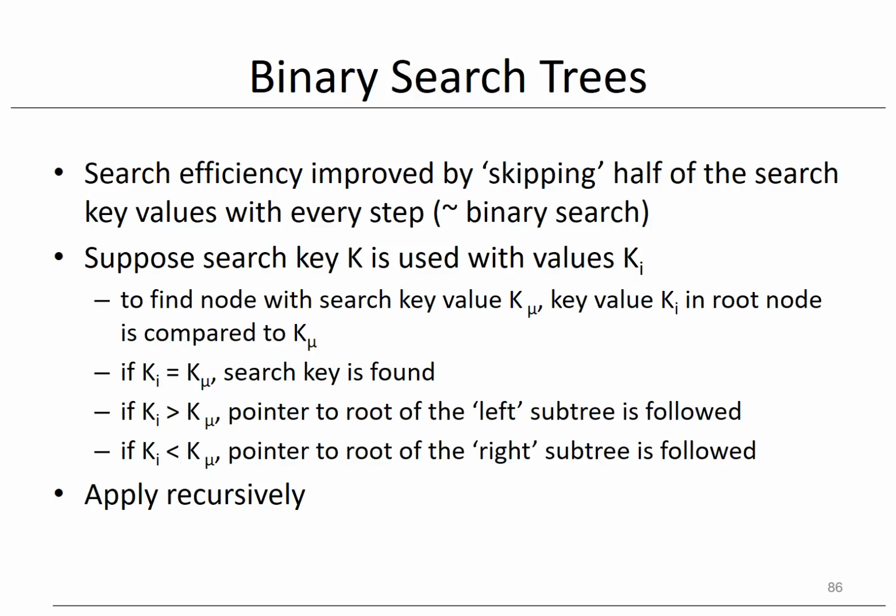Otherwise, if ki is strictly less than kmu, the pointer to the root of the right subtree is followed. This subtree contains only key values higher than ki. The same procedure is applied recursively to the chosen subtree until the node with kmu is found or until a leaf node is reached, meaning that the key value kmu is not present in the tree.